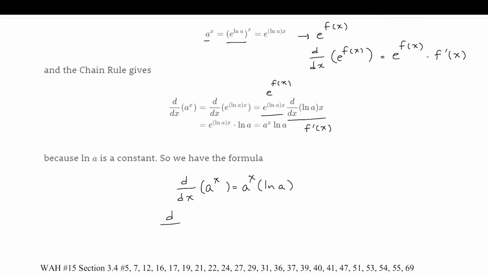Now, if we had to take the derivative of a to the f of x, then we'd rewrite a to the f of x times ln a, and then the chain rule would say we also have to multiply that by f prime of x. So we can look at that as sort of, again, another case of how we have to use the chain rule. Up above, on previous page, we did e to the f of x, and now we're saying we could also take the derivative of a to the f of x.